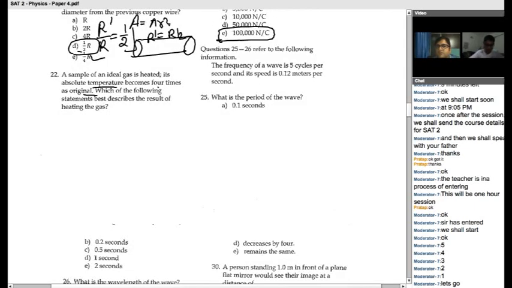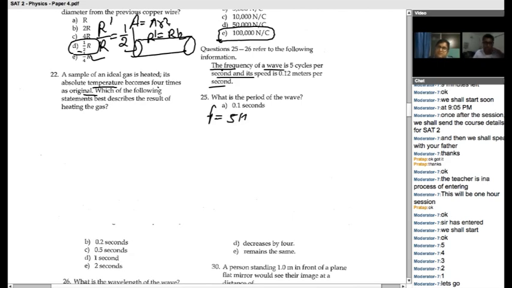I haven't done the 25th one. Just read the question, then try to solve. The frequency of the wave is 5 cycles per second, and the speed is 0.12 meter per second. 5 cycles per second means 5 hertz.